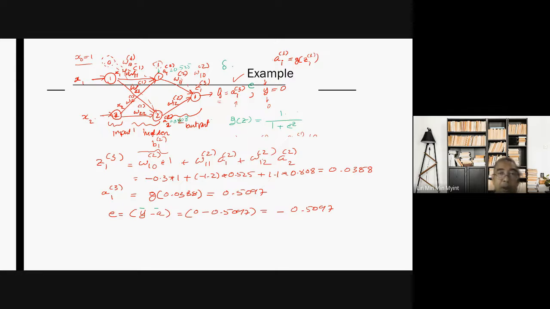That means sigma 1, 3. Based on this sigma 1, 3, we have to calculate the sigma 1, 2 and sigma 2, 2, like this. So that's why first we have to calculate that sigma 1, 3. According to the derivative functions, it will be equal to A1 minus A, because this is the error difference.